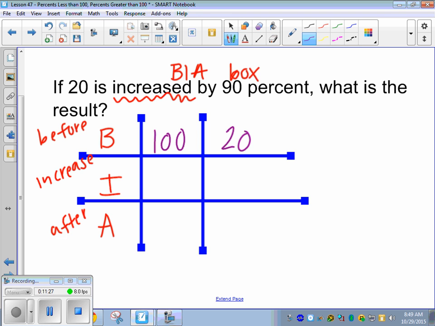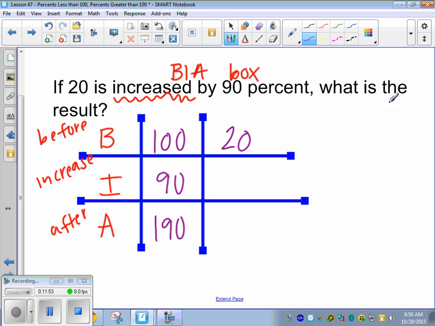Sorry, we should have started with that. When you use a BIA box, these are percentages. So they're numbers, they're percentages. But this one is always 100. So our before percentage is always 100. And then we put our increase percentage, so we're increasing by 90%. We always add down. So after is going to have 190.